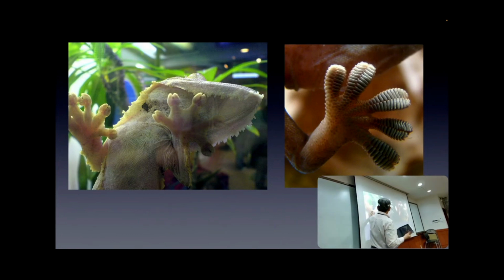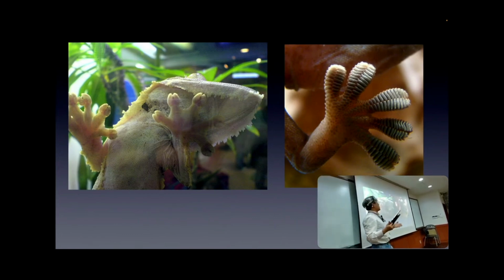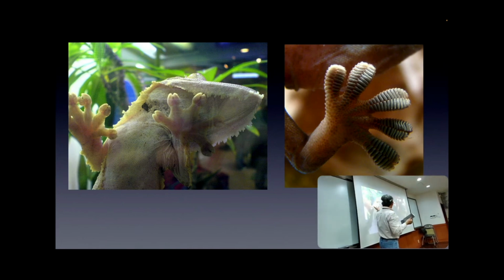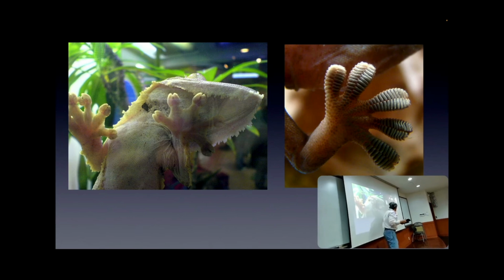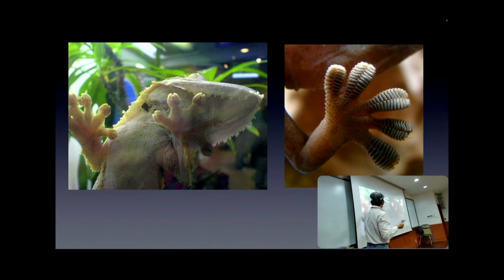It is something strictly straightforward, a wall, it can climb up so easily. And it turns out that it's all due to their very unique shape, structure of the bottom of the surface area of their foot.